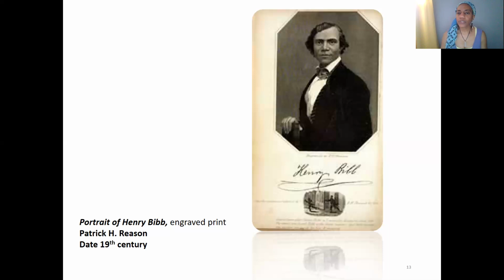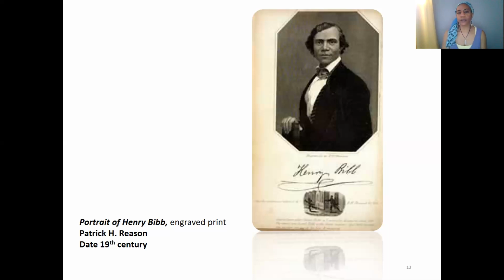And what they have to do when these were printed up, and this is where you know Patrick Reason definitely had a skill set that was amazing. And apparently inside of the book, there were a few illustrations as well, not only the outer, but also I think on the interior of this book. Not sure about that, but let me just stick with what I know for sure, which is this portrait of Bibb.